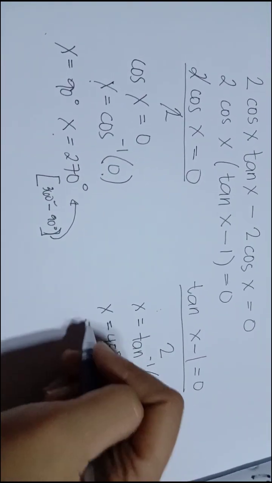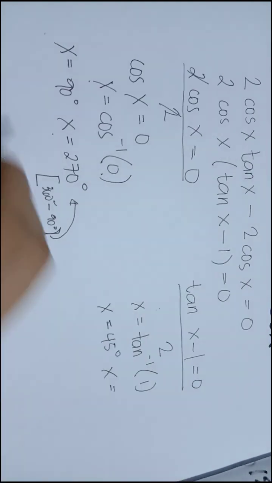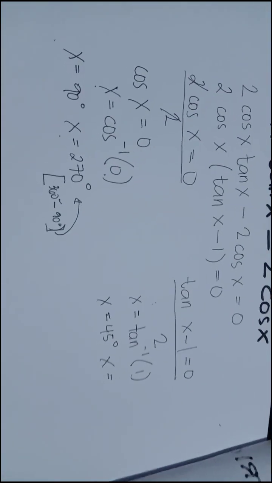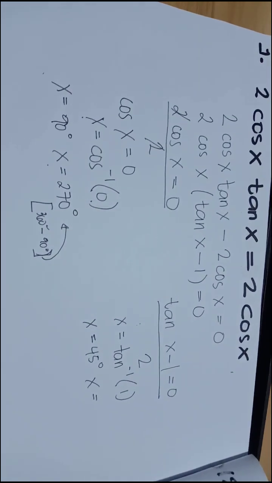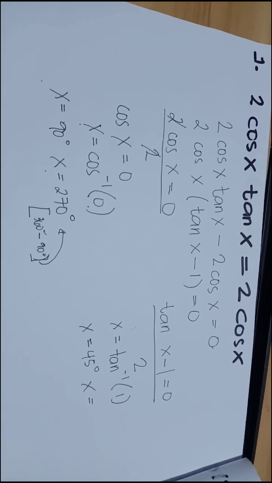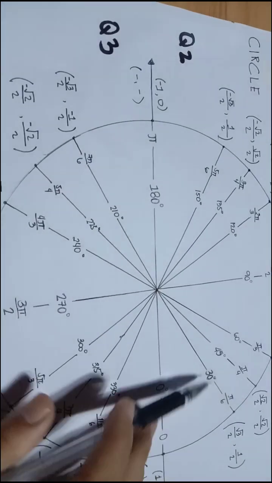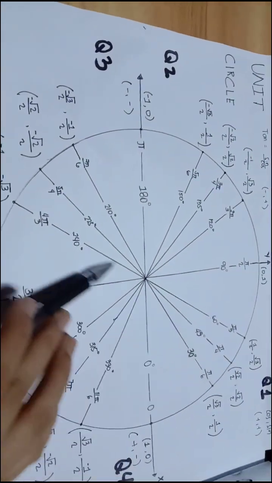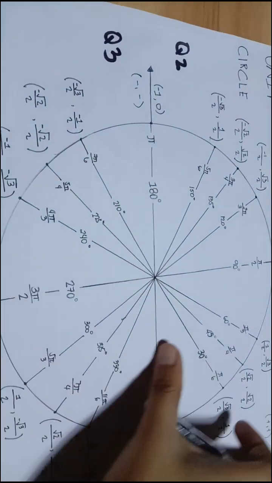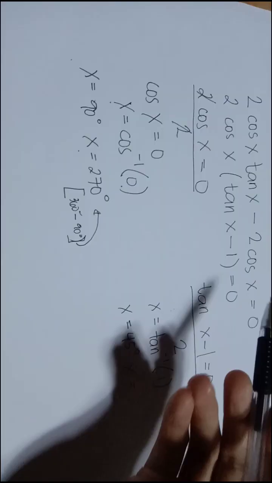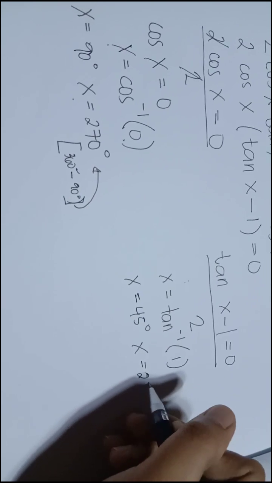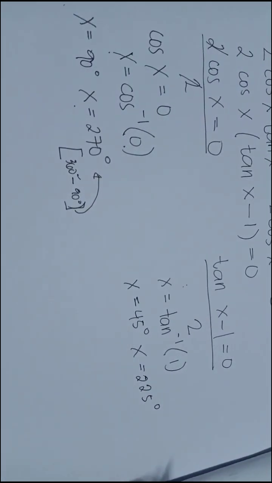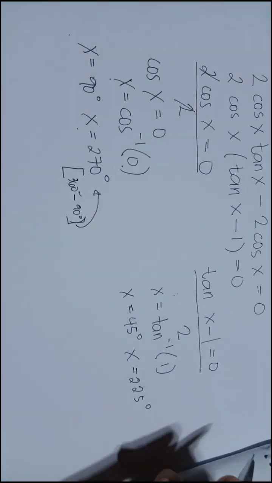There are two values of x. First is 45 degrees and the other one, let's take a look at the unit circle. So you can see in the unit circle, this is the 45 degrees and the other one is 225 degrees. So the value of x now is 45 degrees and the other one is 225 degrees.